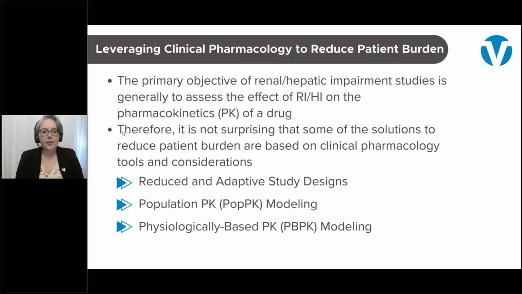So since the primary objective of these studies is generally to assess the effect of renal and hepatic impairment on the PK of the drug, it's really not surprising that we can use clinical pharmacology tools and considerations to guide decision-making and also potentially reduce patient burden and save time and money. This is a very broad topic, so I'll just be doing a very basic overview and limiting my discussion to reduced and adaptive study design, population PK modeling, and physiologically-based PK modeling. Next slide.